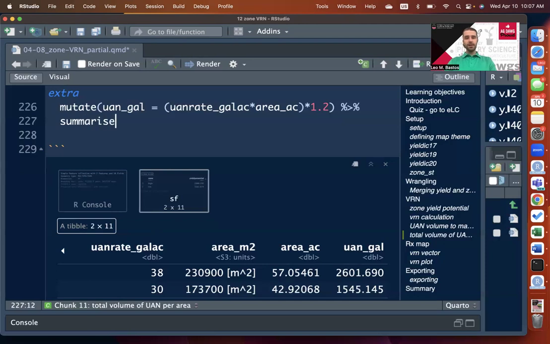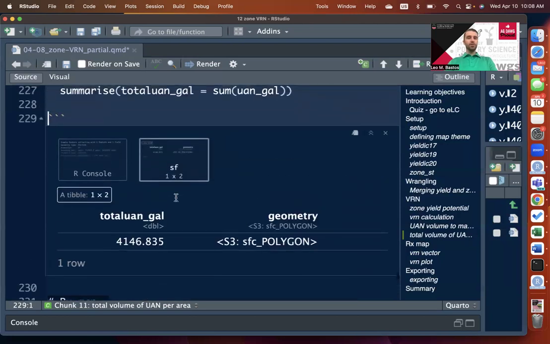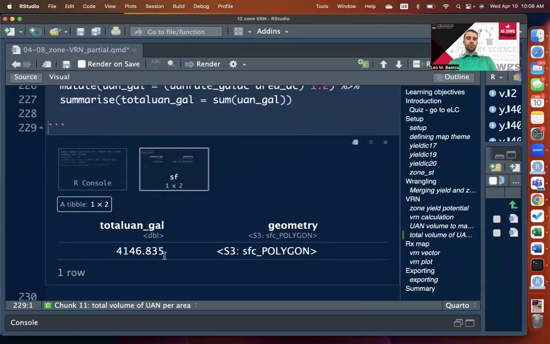Let's call a summarize. I want to call this total UAN underscore gal for gallons. So this is just going to be the sum of that column UAN gal. If you just run that, it should return to us just one row with that total amount.